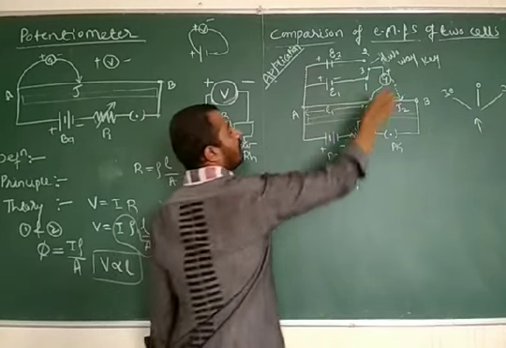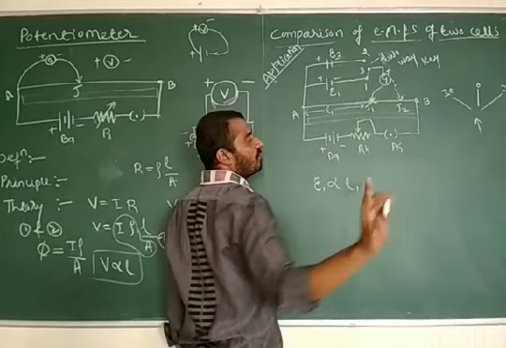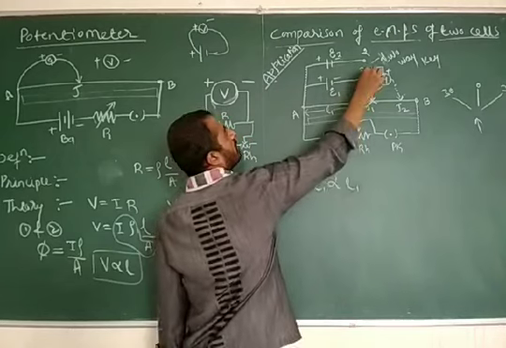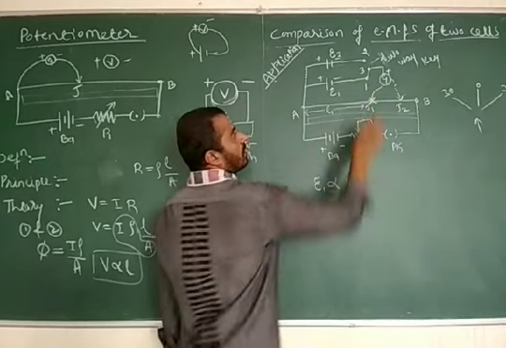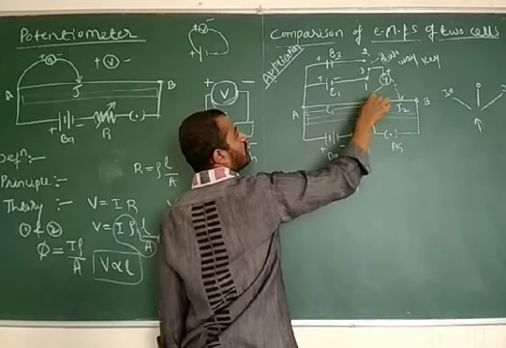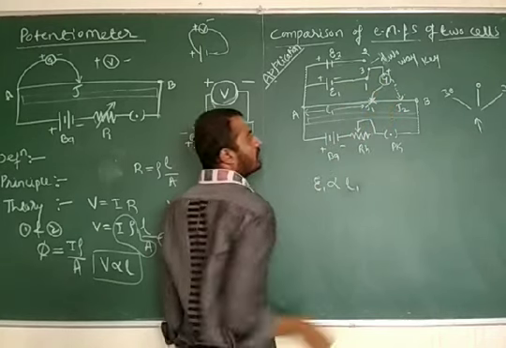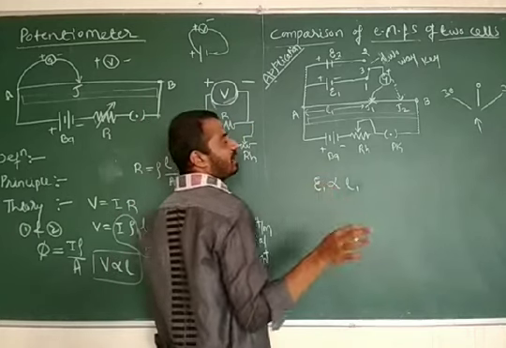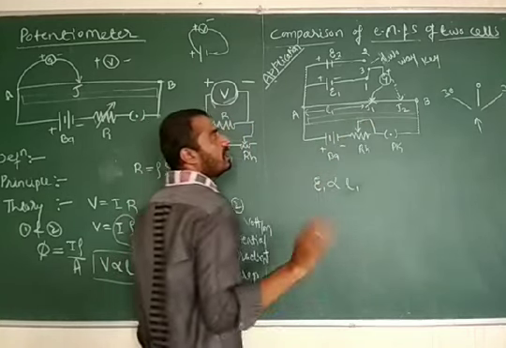Here also, when the galvanometer shows zero deflection, at the positive and negative of the galvanometer there is no potential difference. Potential is maintained the same. That's why current through the galvanometer is zero.